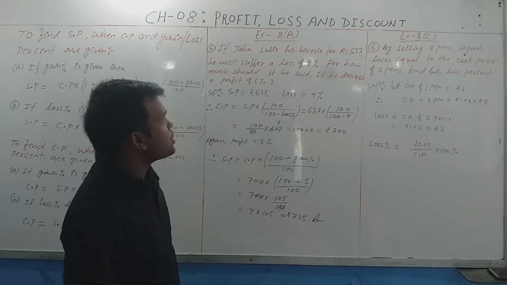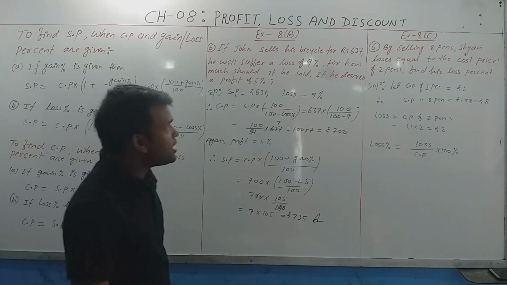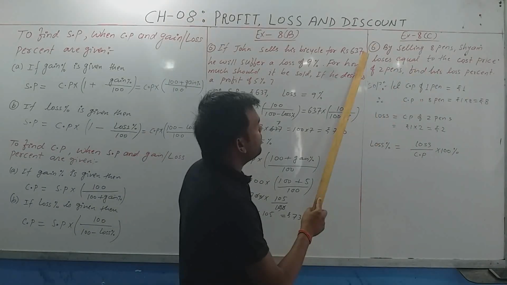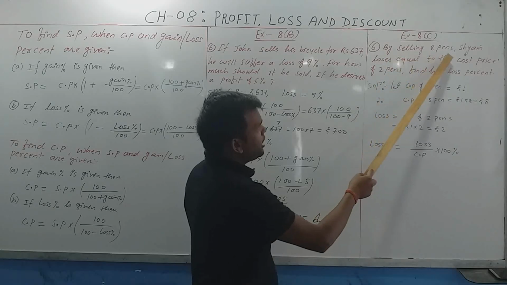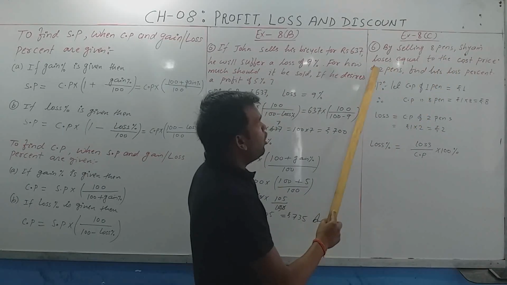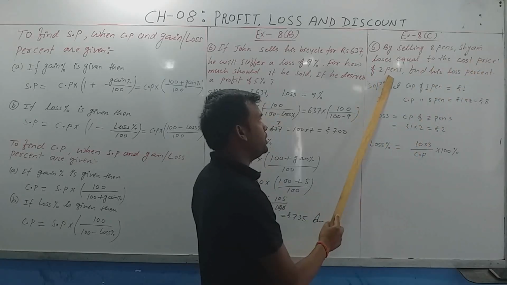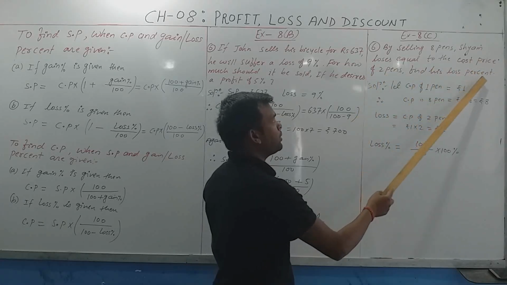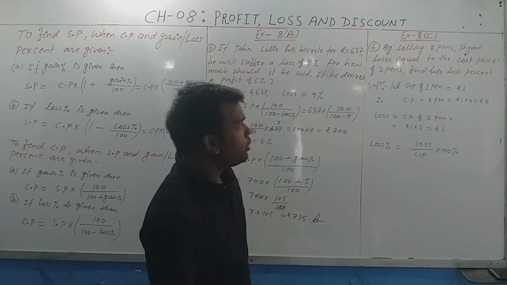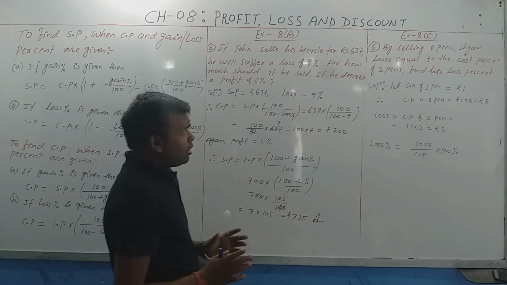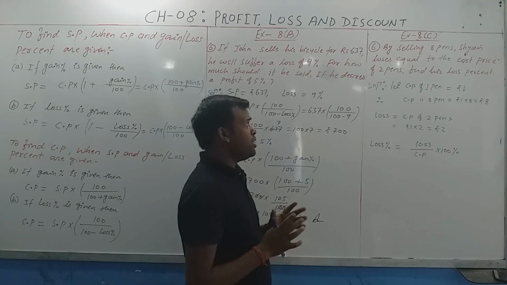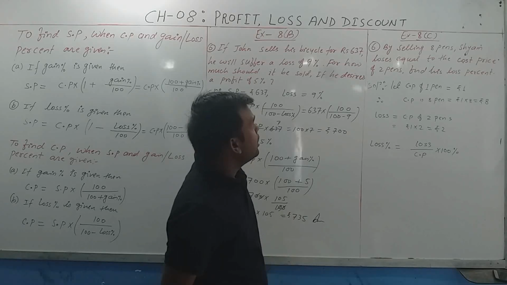Now one more question from exercise 8C. See question number 6. By selling 8 pens, Shyam loses an amount equal to the cost price of 2 pens. Find his loss percent. Try to understand these questions. What is the meaning of this question?